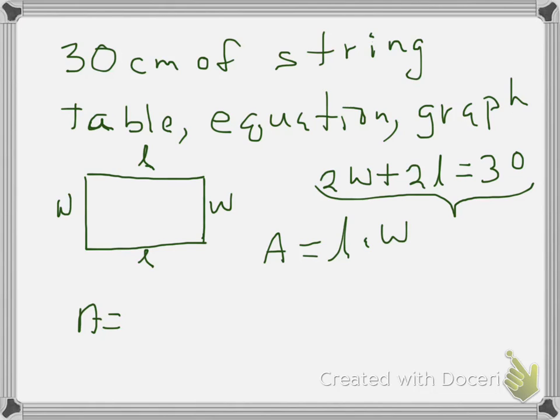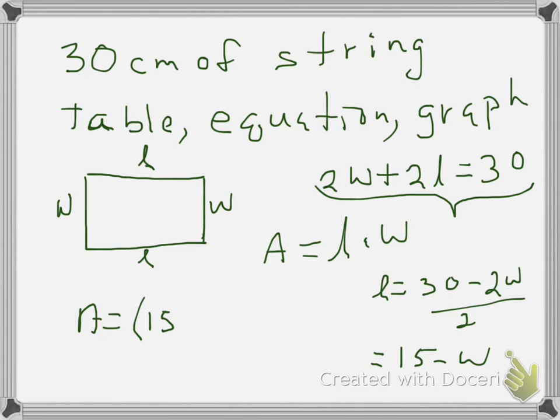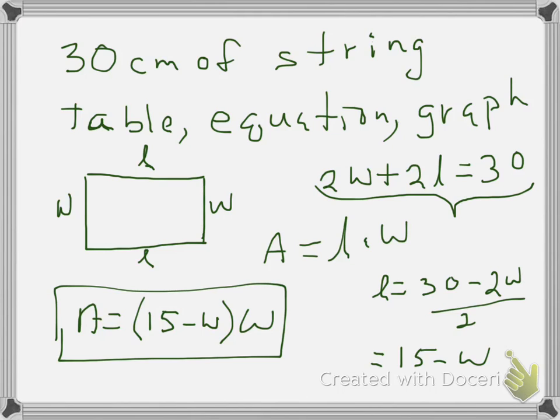Move the 2W over, divide by 2, and I get L equals 30 minus 2W divided by 2, which is 15 minus W. Replace that for L in the area equation. Get 15 minus W times W. And that gives us our new area equation.